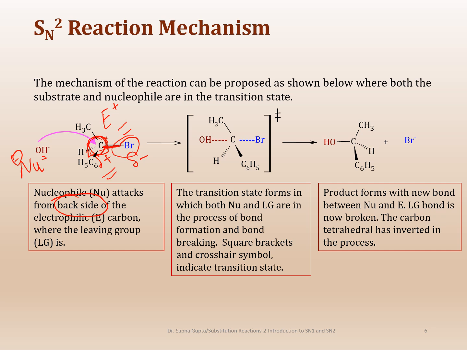Well, the front is already occupied, right, over here. Remember, carbons are tetrahedrals, so it's like an umbrella. All right, so if you have an umbrella and if you're holding the umbrella, well, you already are holding the umbrella. That space is already occupied, so which means the back side is the one that's available.